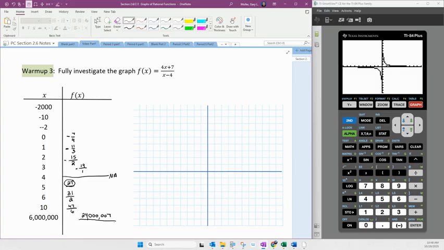Divided by not 6 million, but almost 6 million, right? What would this be? 5,999,996, which is almost 24 million over almost 6 million.